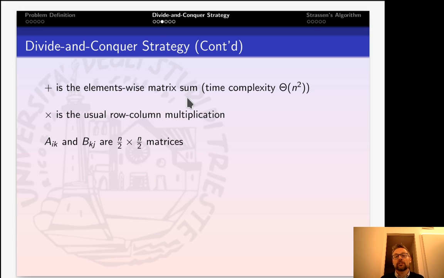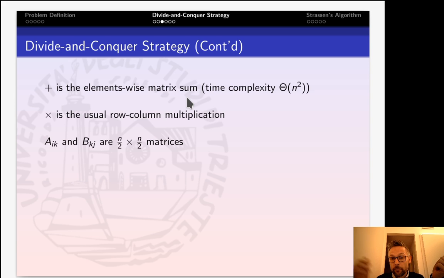What I'm doing is basically summing the element in the first row and first column of a certain matrix A plus the element in the first row and first column of B, and so on and so forth. Since the matrices I'm dealing with have size n times n, the complexity of performing this operation is of course theta of n squared.